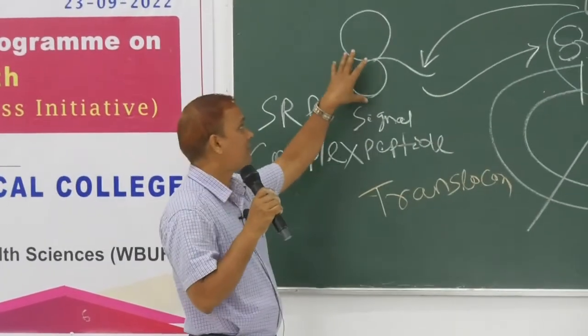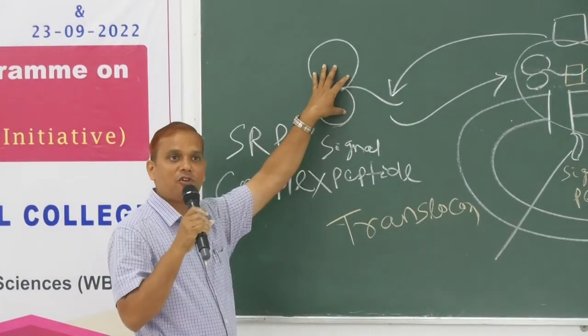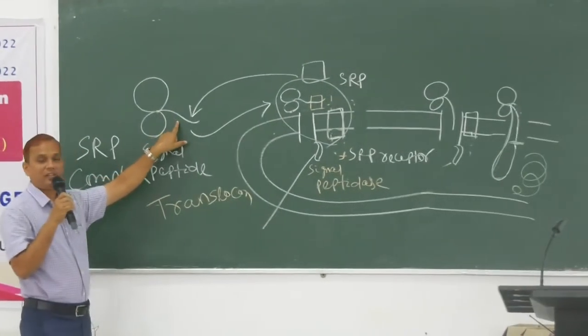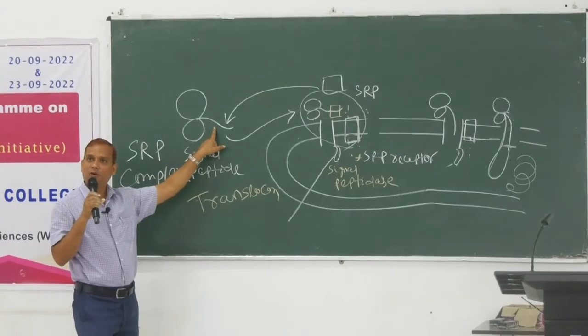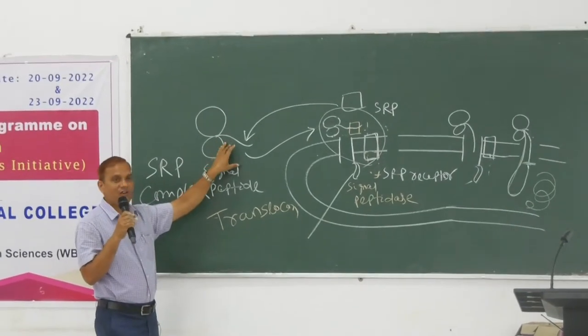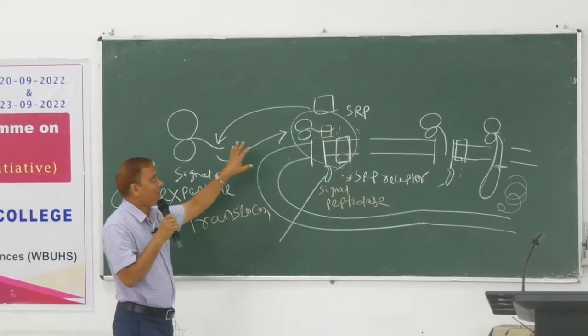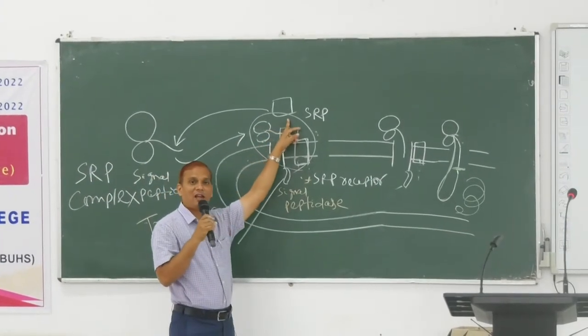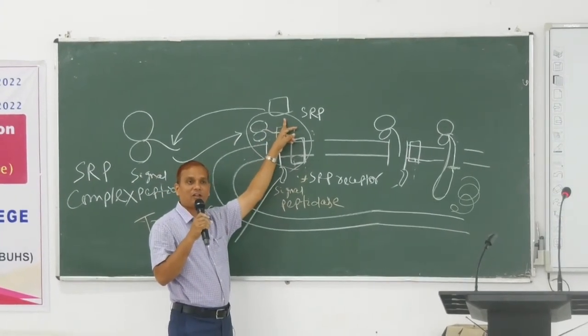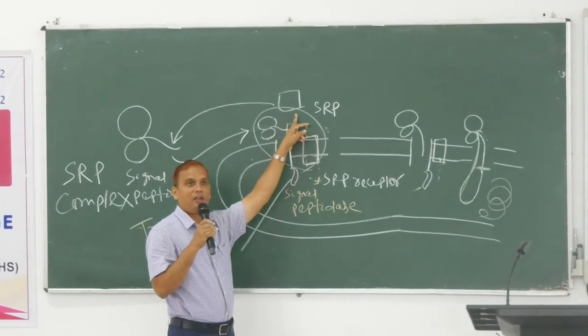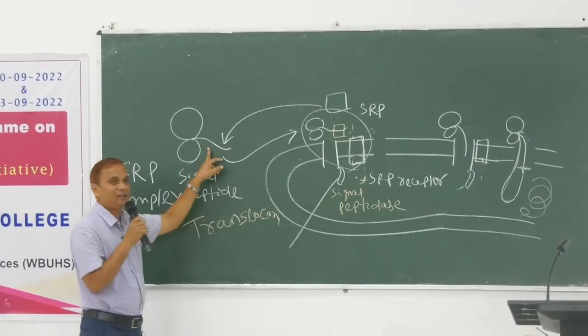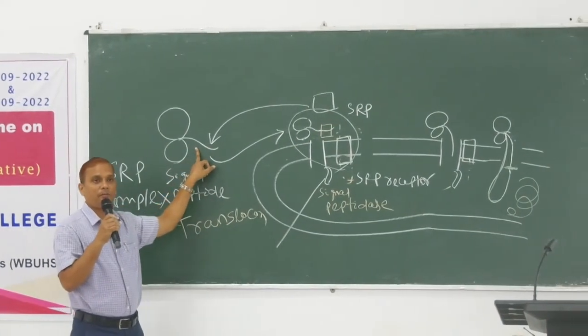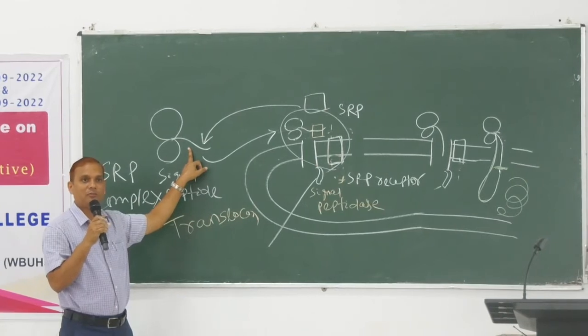See here, first this is your ribosome along with your signal peptide. Okay? Now what will happen? SRP, signal recognition particle, will bind to that signal peptide along with the ribosome.